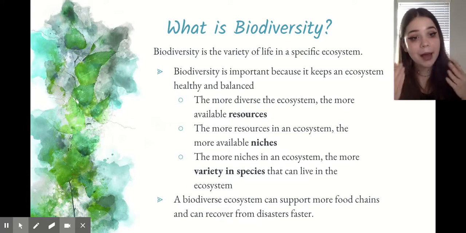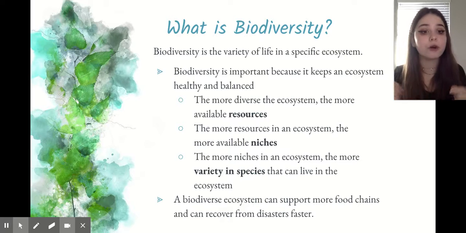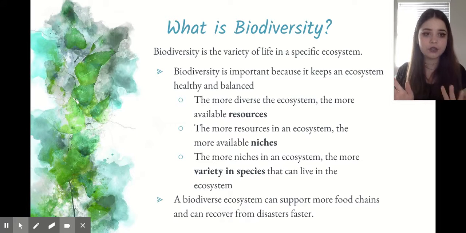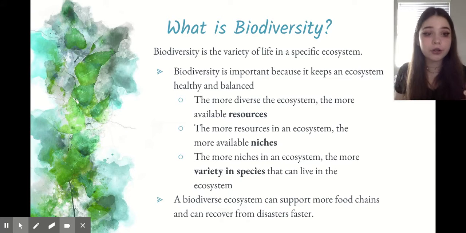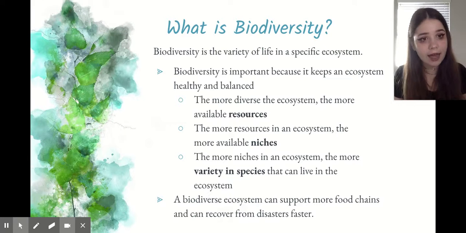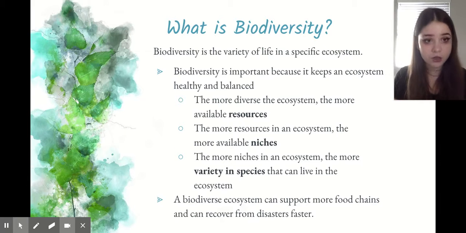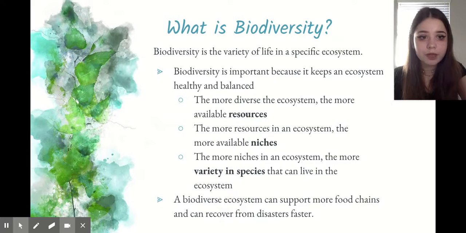And so a biodiverse ecosystem can support more food chains, and they can also recover from disasters faster because there are so many different species with different roles that it can help rebuild the ecosystem after like a wildfire or an earthquake, right? If an ecosystem was not biodiverse and lacked a lot of species and diversity, then it's more likely to die out after like a natural disaster.